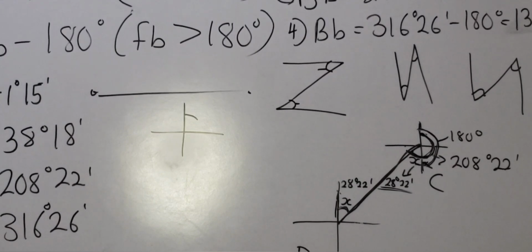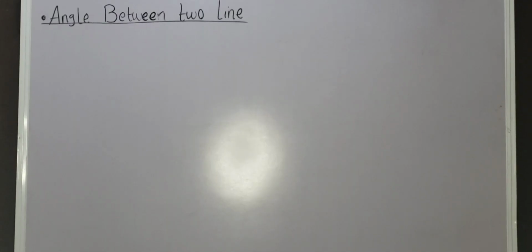Now, another concept that I want us to talk about in this course is how to find the angle between two lines. It is possible to find the angle between two lines.